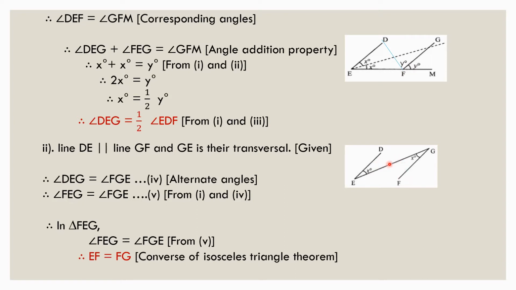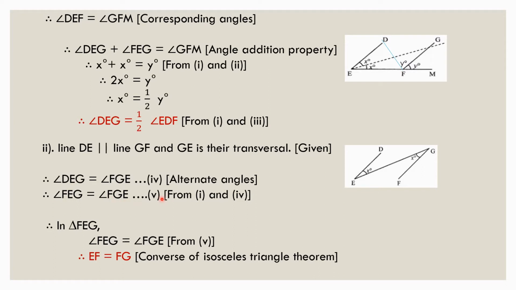Therefore, angle DEG is equal to angle FGE. That is equation number 4. Angle DEG and angle FEG are equal, therefore in place of angle DEG, I am writing angle FEG. Angle FEG is equal to angle FGE. That is equation number 5.